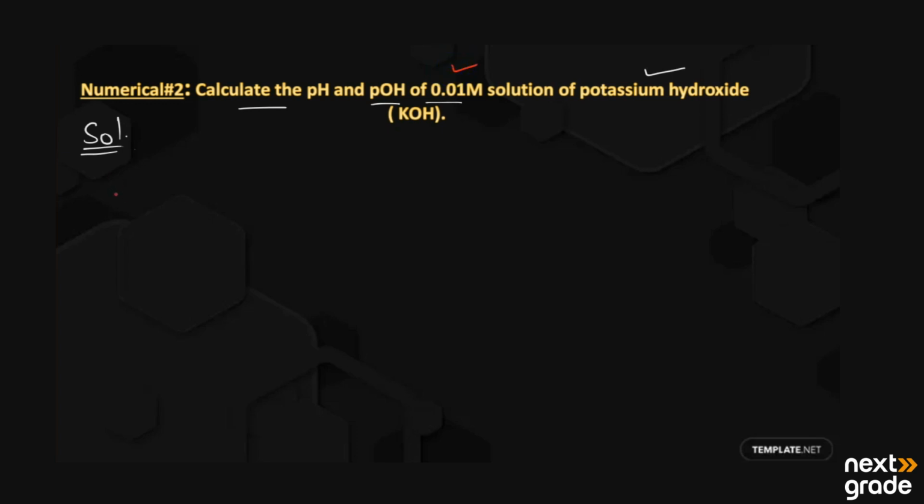Here we have the chemical equation: potassium hydroxide, KOH, ionizes in water and produces potassium plus hydroxide ion. Here we have the solution in aqueous form, and the concentration of potassium hydroxide is 0.01 molar. Next, the hydroxide concentration is the same, 0.01 molar.